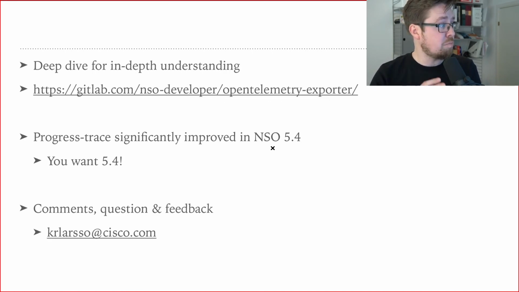I also want to mention you probably want to use NSO 5.4 or later, because the progress trace format got quite a significant improvement with 5.4. So when I initially wrote this OpenTelemetry exporter package, it required 5.4. Since then, we've added a backwards compatibility shim, so it works with 5.3, maybe even older versions I haven't tried. But nonetheless, some things are simply missing in 5.3 and earlier, so 5.4 is going to give you a better experience.